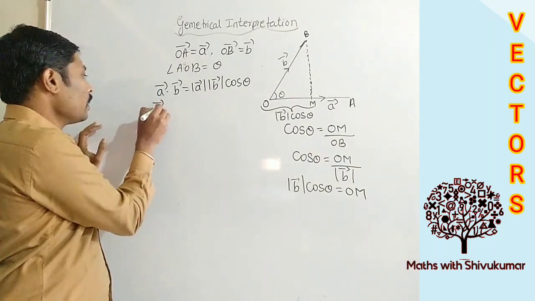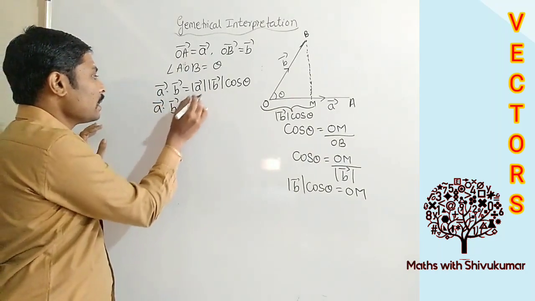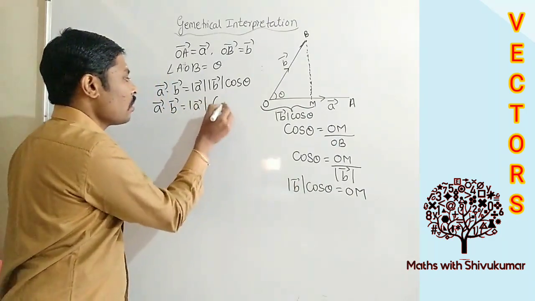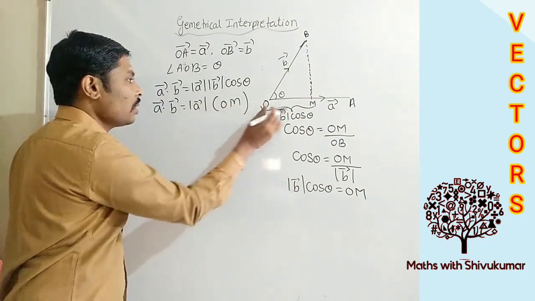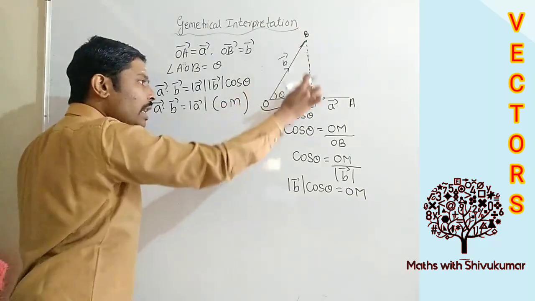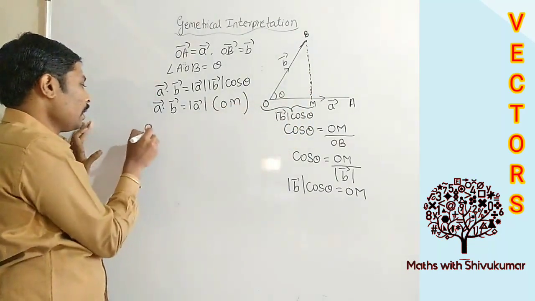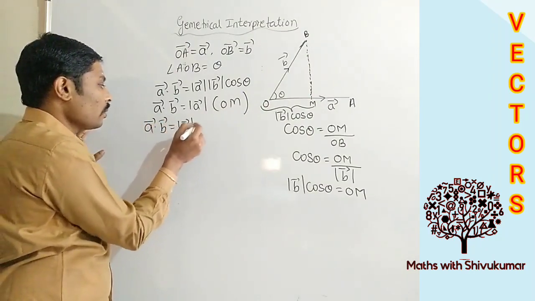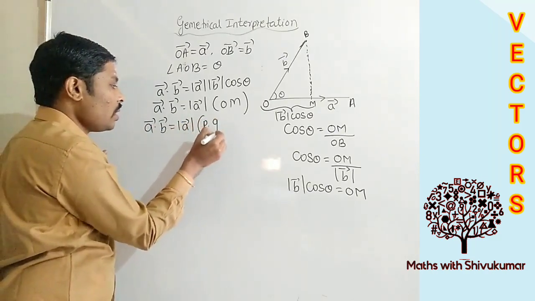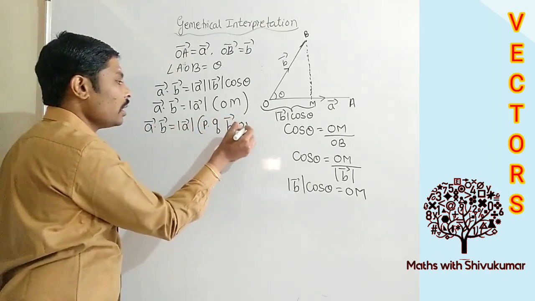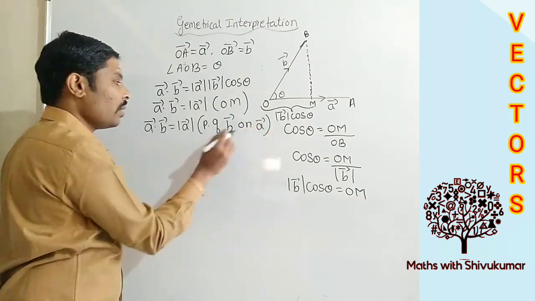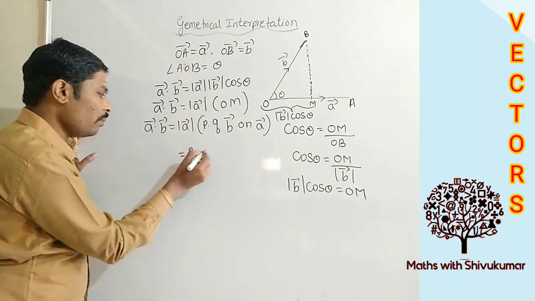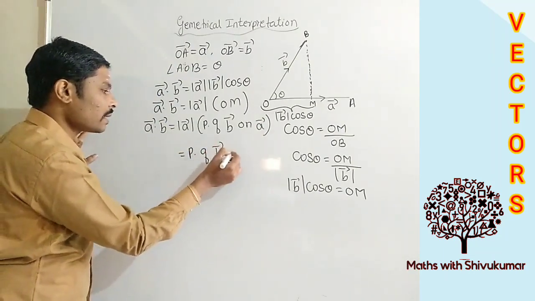See here, A dot B equals this A as it is, times the value OM. OM, students, is nothing but the projection of B on A. So A dot B equals A into the projection of B on A. If I want the projection of B on A, what is the formula, my dear students?